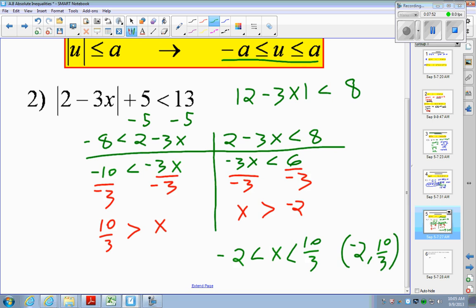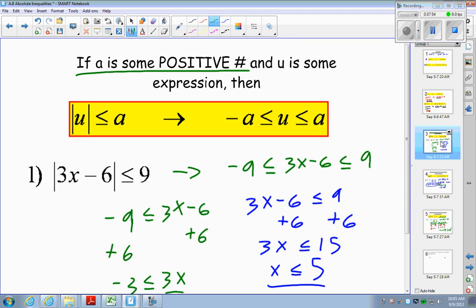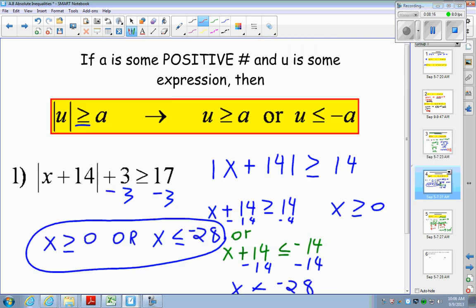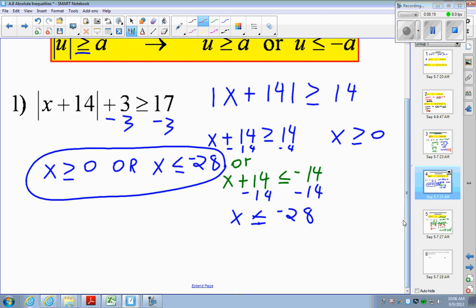I know you guys remember from slide 3, we got an answer similar to that, and we wanted to write this one in interval notation. Well, these are less than or equal to or greater than or equal to, so we have to use closed brackets, and so it looks something like this. Okay, and that's how we would write it in closed interval notation. And for this slide where we're looking at the ors, we can just leave it like this. It's a lot easier just to leave it like this.